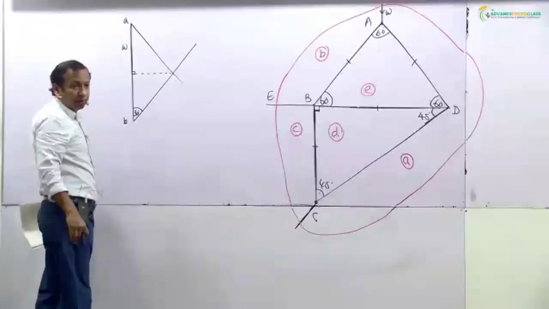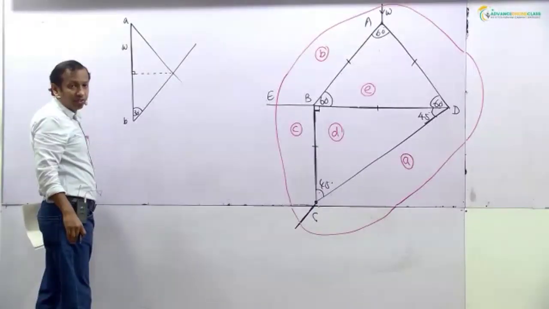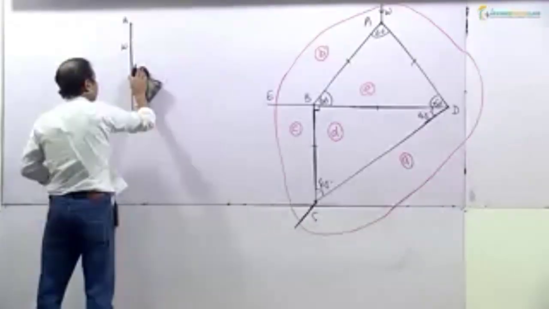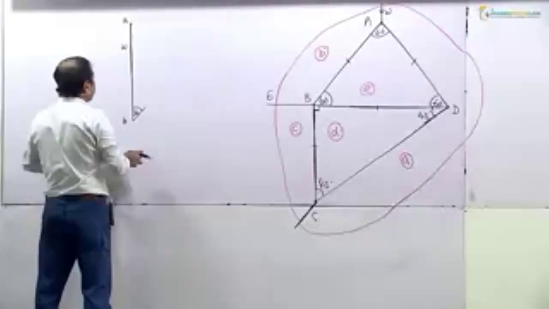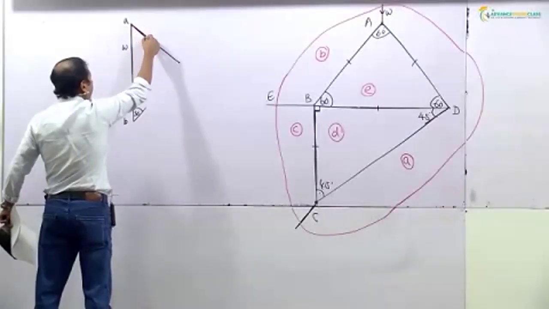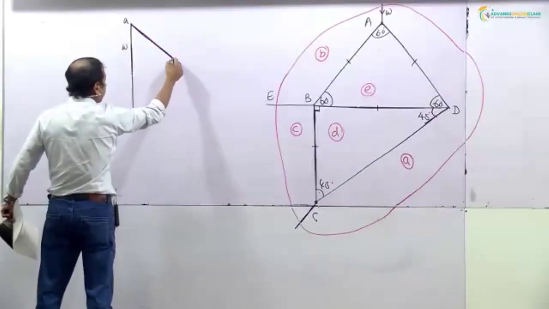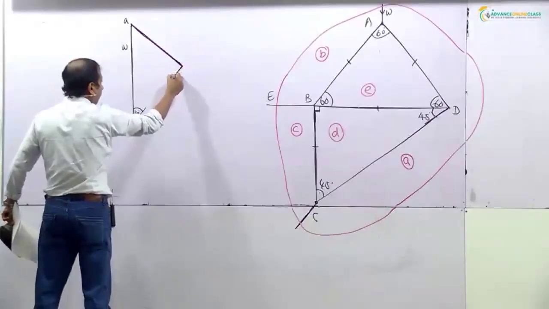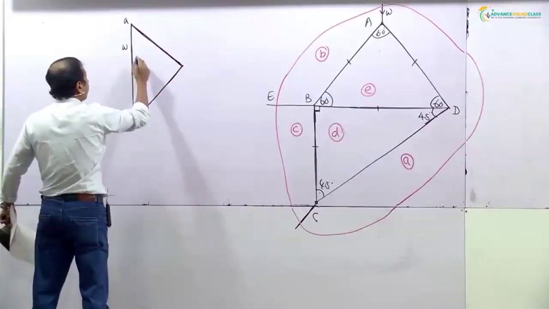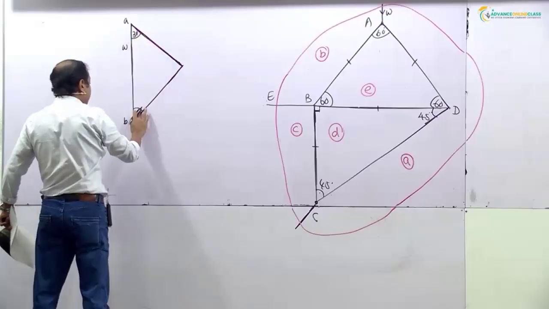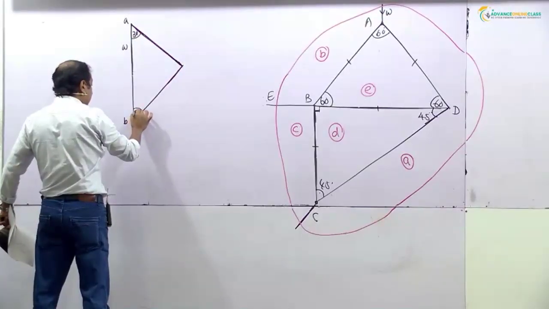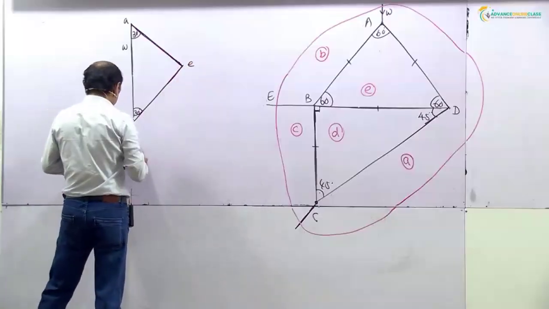According to that geometry we must draw. It should be like this, 30. This point should be E.